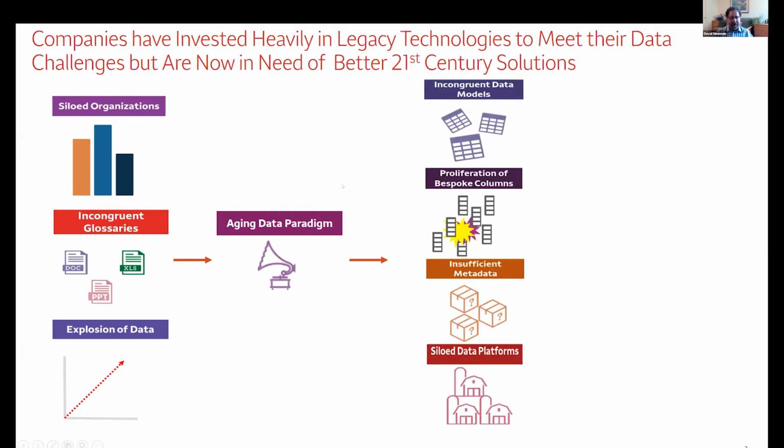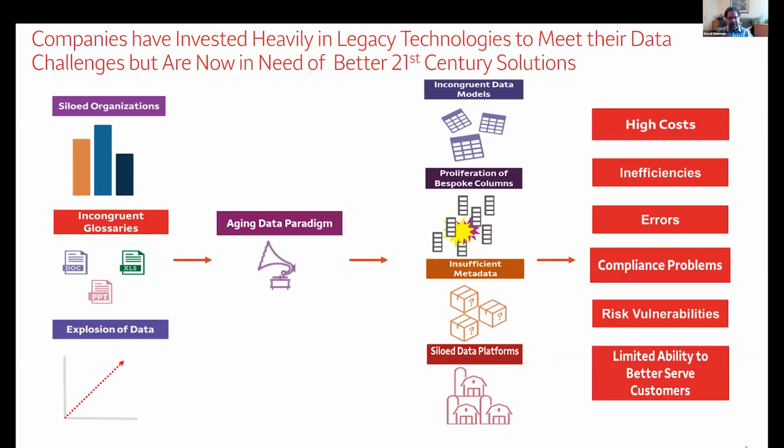This paradigm, the relational model, is now 50 years old, and has resulted in very incongruent data models and massive proliferation of bespoke labels for columns, insufficient metadata, and many different kinds of siloed data platforms, from glossary platforms to metadata platforms to the actual relational database platforms to other kinds of data technologies.